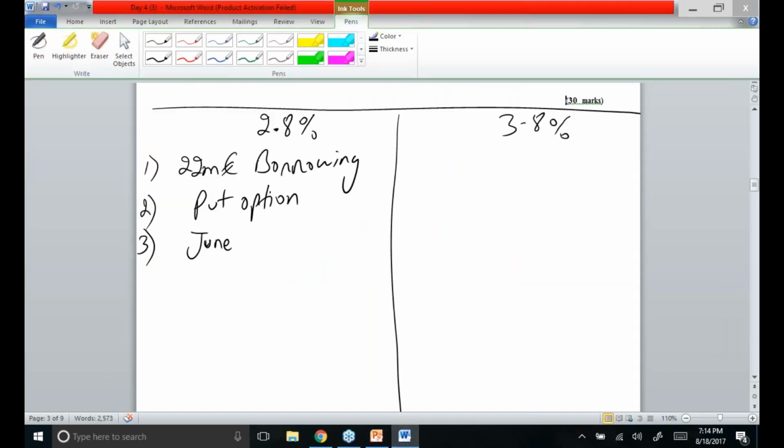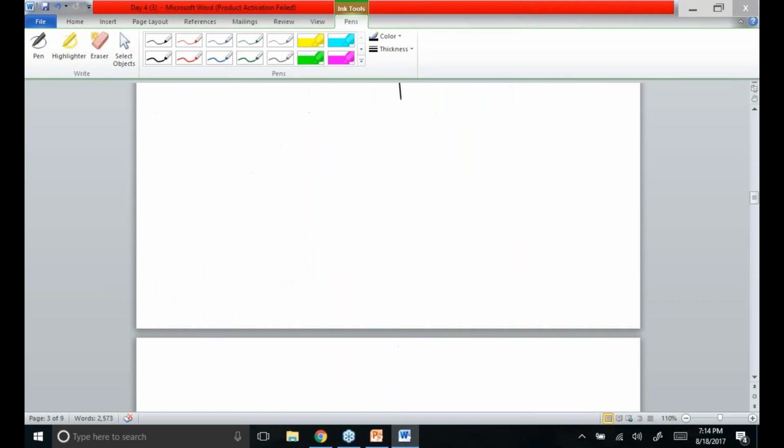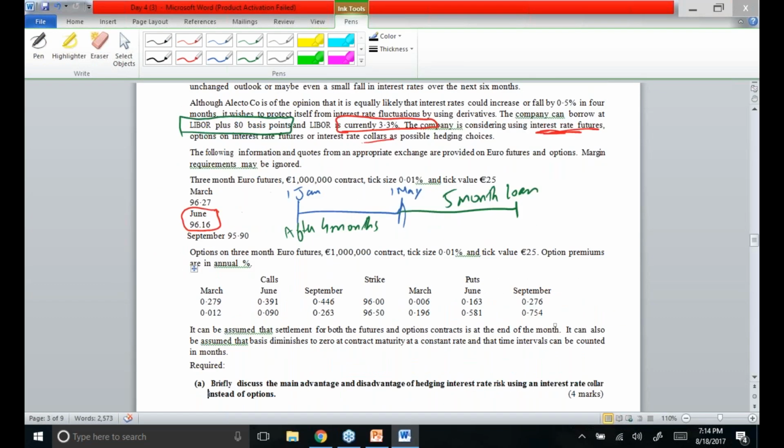Okay, what is it? Let's learn it. We have to go to the question. Here it is. There are two strike prices. One is 4%, and the other is 3.5. Okay, cancel the call option and cancel the March and September option.